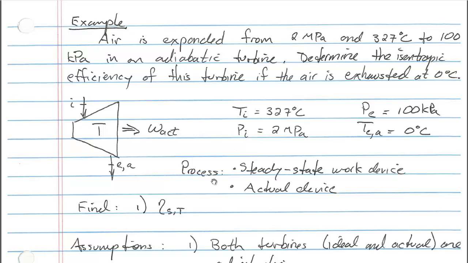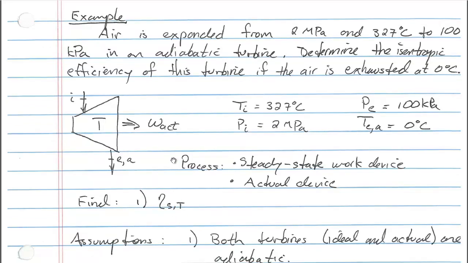It's a turbine, and even though it's not explicitly stated, we will impose the assumption that it's a steady state device. It's an actual device, and we're being tasked with finding the isentropic efficiency for this turbine device.